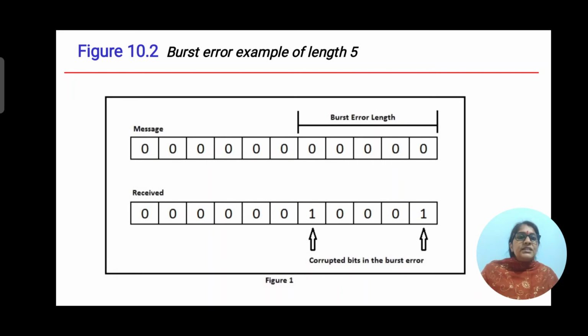So this is the burst error length, where the 0 in the sender's message is changed to 1, and again a 0 is changed to 1. This 1 1 is nothing but the corrupted bits in the burst error.